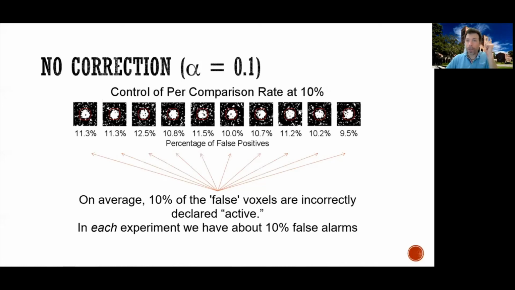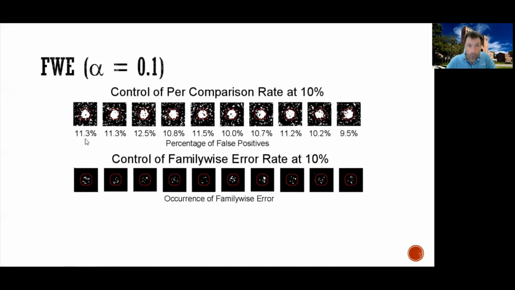Now, if instead we used a family-wise error rate, it would mean that we would really crank up the level at which each of these pixels has to be significant in order for us to declare it active. And what you see is that indeed, out of 10 experiments, we get only one family-wise error.